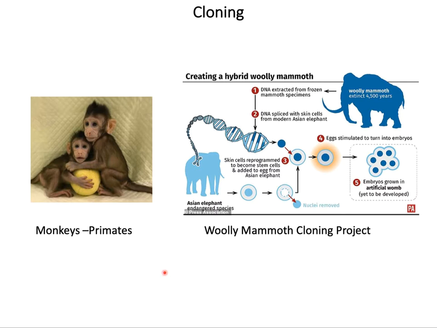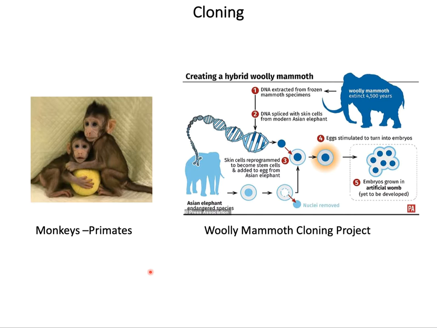In 2017, Chinese scientists reported the cloning of 2 monkeys using somatic cell nuclear transfer. Monkeys are primates, and since humans are in the primate family, these cloned monkeys reignited the ethical discussion concerning human cloning. Just as a side interest, a few years ago, researchers embarked on the ambitious endeavor to clone a woolly mammoth.